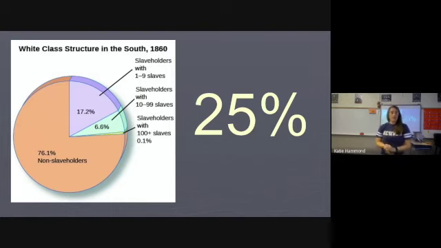Okay, so what that's telling you is there's a very small percentage that owned lots of slaves. Okay, only 12% owned 20 or more slaves. Okay, and only 1% owned 100 or more slaves. Slaves are very expensive. A slave cost about $2,000 back then. Okay, so you can see, you had to be really rich to own lots of slaves.